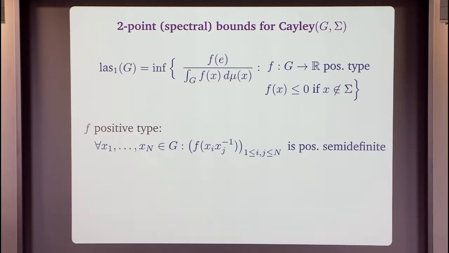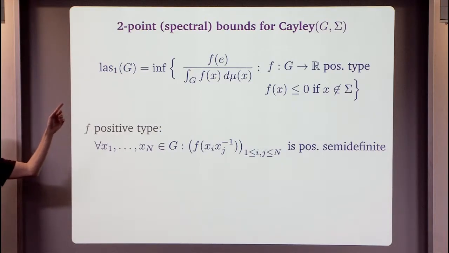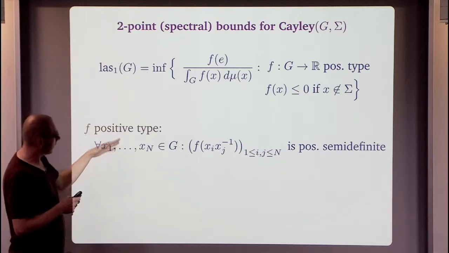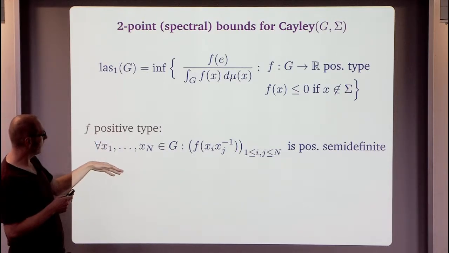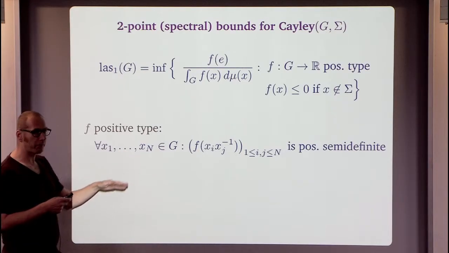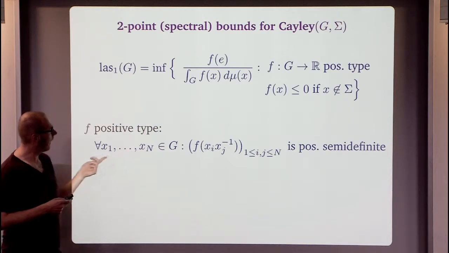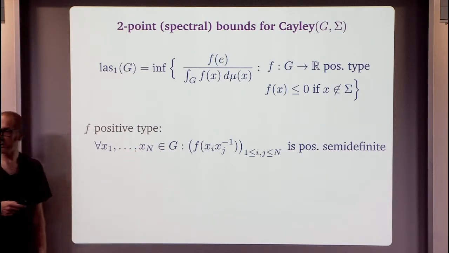Yeah, and what is e? e is the neutral element. Being positive type means that I construct a matrix, and this matrix is positive semi-definite. And the construction works as follows. I take a finite number x1 up to xn of elements from the group.